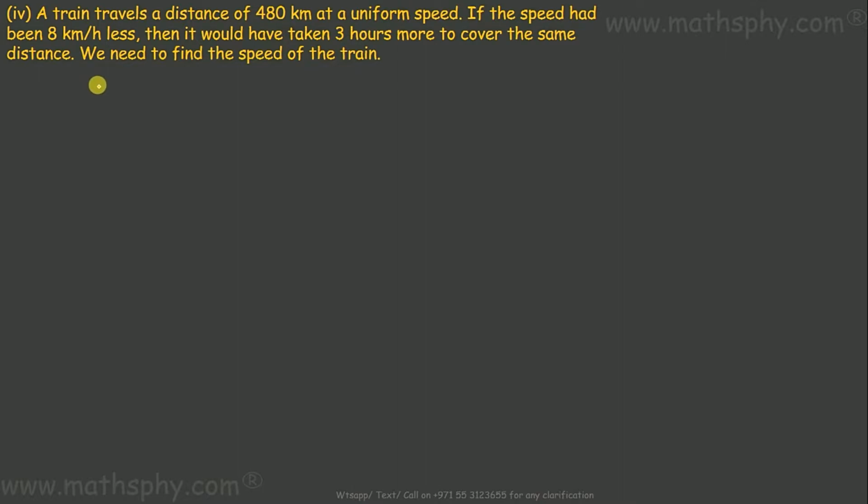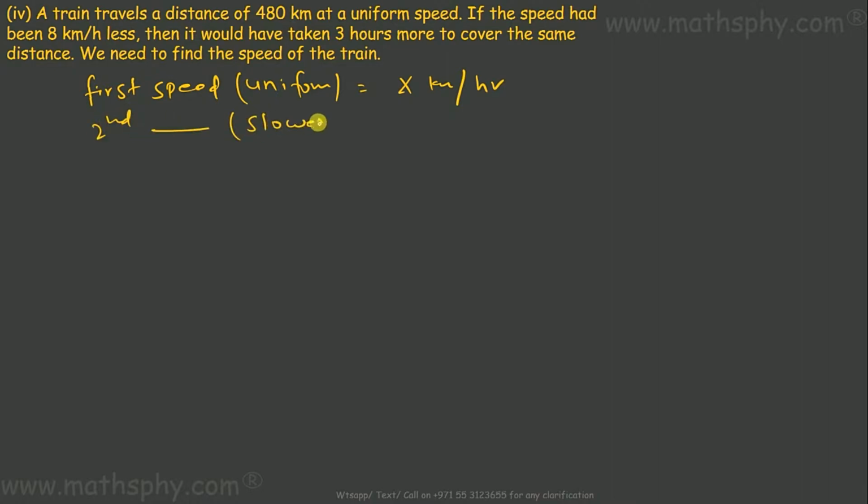Suppose first speed, which is uniform speed, is say x kilometers per hour, and second speed, which is slower, is x minus 8 kilometers per hour.